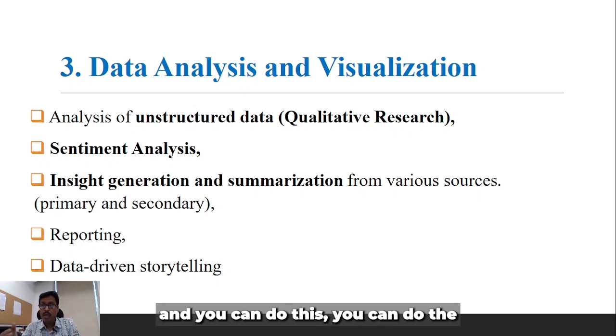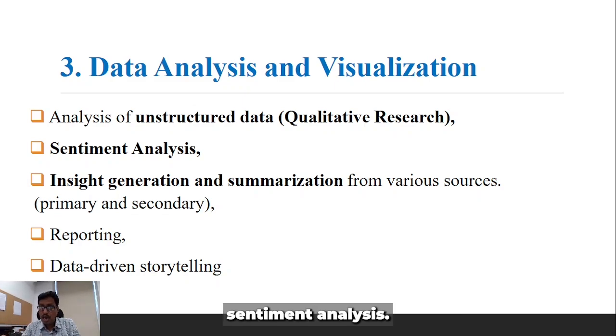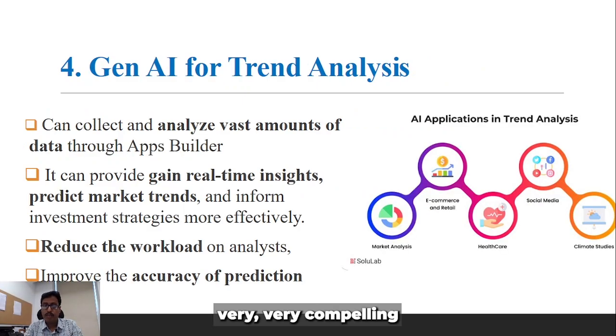You can do sentiment analysis, and based on all this data you can do insight generation and reporting. Finally, once you have all this data, you can create a story to support that data. So what's the beauty of using generative AI? One way it helps you analyze the data, and another way you can generate insight and also attach a story behind the data. That's why it is very compelling.